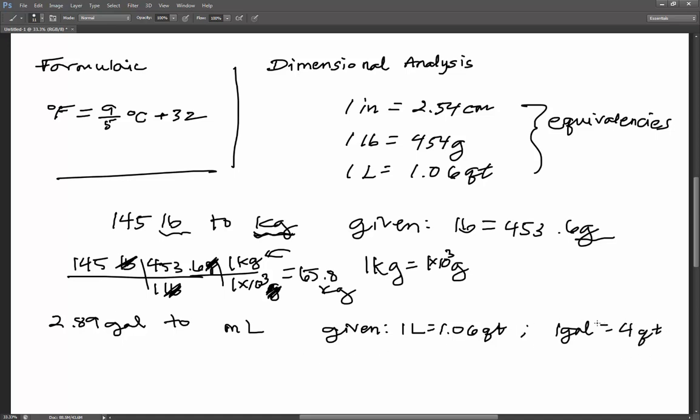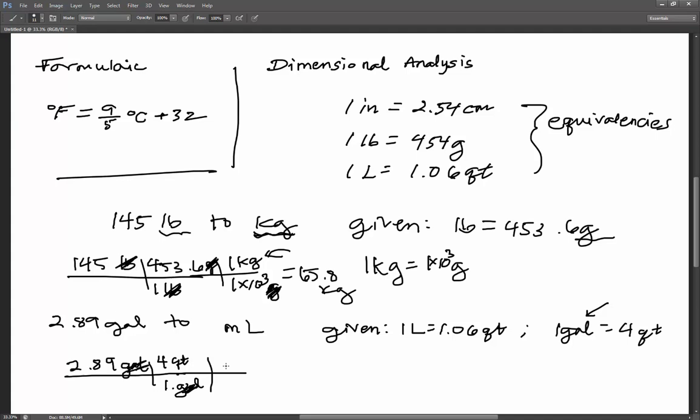All right, so I gave you 2 conversion factors, one that was English to English, one that was metric to English, just to get you out of the English factors. So starting with 2.89 gallons, I'm going to need to use the equivalency that contains the units of gallons. So I'm going to use this one right here, that 1 gallon is equal to 4 quarts. 1 gallon is 4 quarts, and I put the 1 gallon on the bottom so that they could cancel.